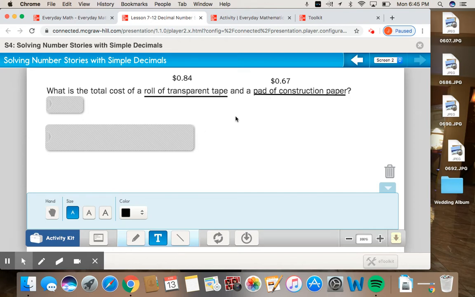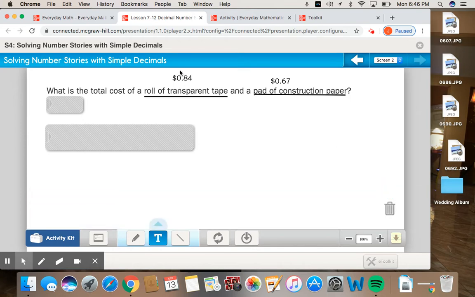All right, so there's a couple ways that you can do that. You can change them both to a fraction of a dollar. So 84 cents would be 84 hundredths. And 67 cents would be 67 hundredths.